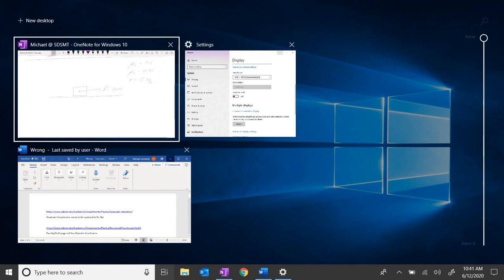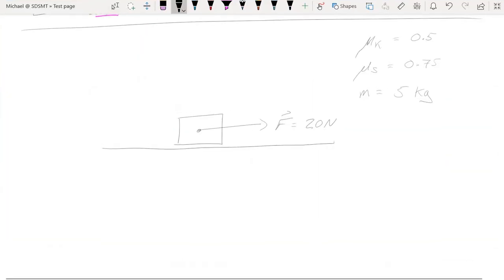So we do have friction between the surface of the block and the tabletop here. But in figuring out if this block is going to move or not, we need to figure out if the amount of applied force is enough to overcome that breaking point with the maximum static friction.